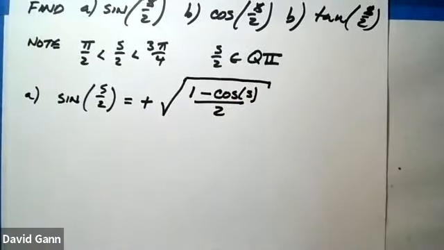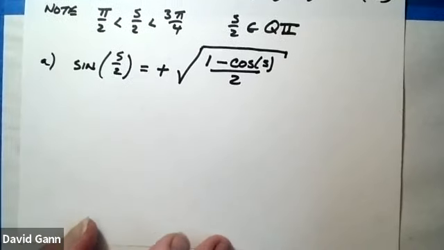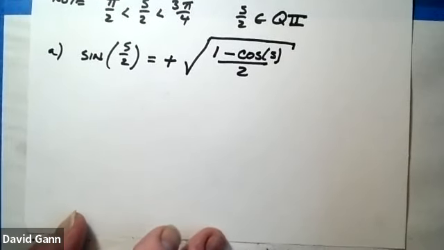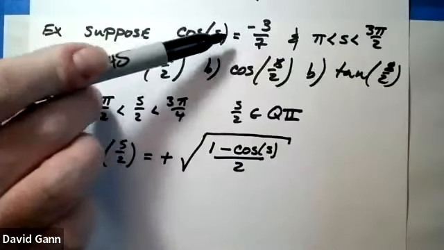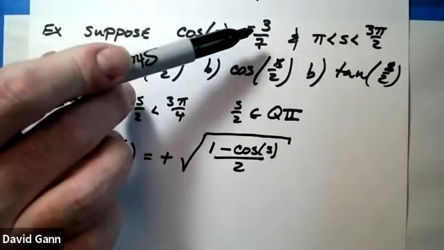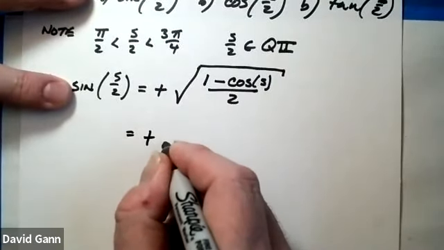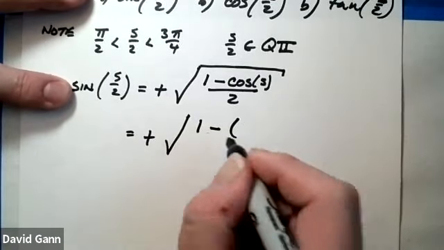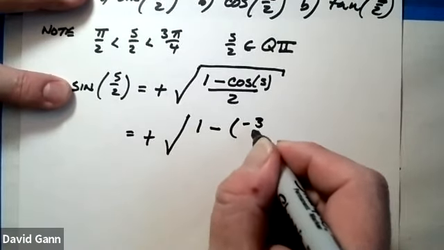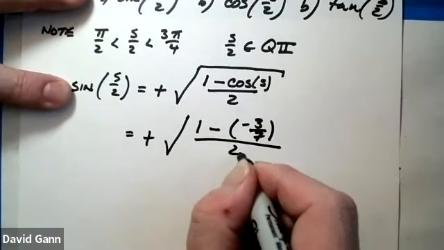Most of the time with these, the work is actually simplifying radicals, which I know everybody loves to do. Okay, so now we'll substitute the known value, where cosine of S is negative 3 over 7. So this becomes the positive square root of 1, be careful with the signs, 1 minus a negative 3 over 7, all over 2.